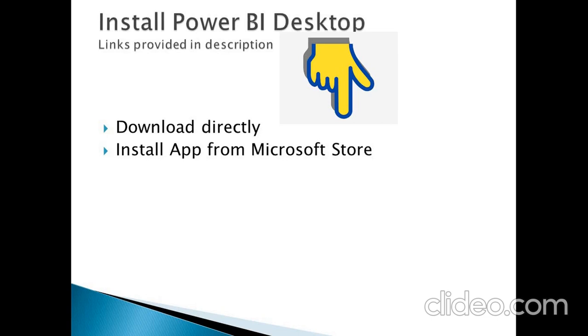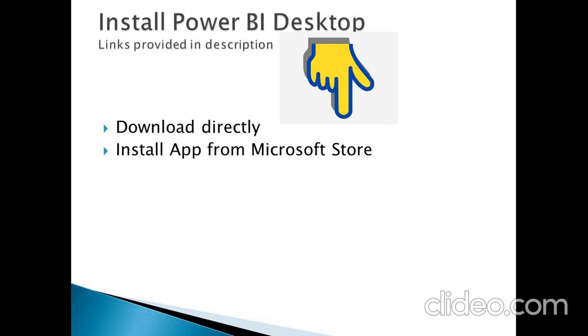I have given the links for both the methods of downloading, and here I would like to point out something. Installing the app is much more convenient than downloading it directly from their website. The reason is Microsoft launches new and updated features of Power BI every month, which are very, very useful.